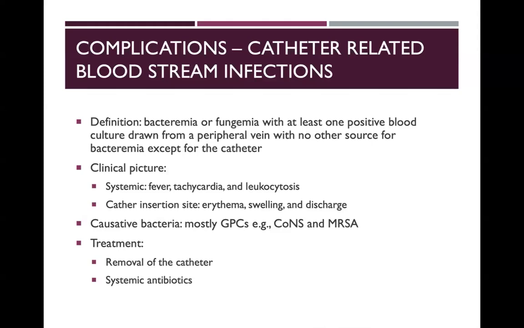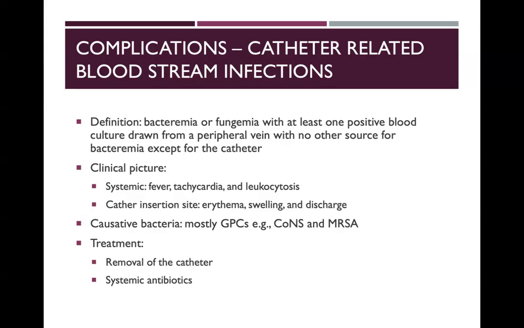Generally, for a catheter-related bloodstream infection, you see at least one of two. Usually when you're getting blood cultures, you get a set of two, one aerobic and one anaerobic, and to diagnose that condition you need at least one of the two, or both, of the cultures to be positive for a bacteria or a fungus, and there would be no explanation for where that infection is coming from other than the catheter.